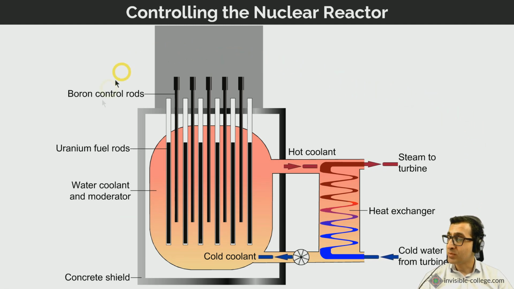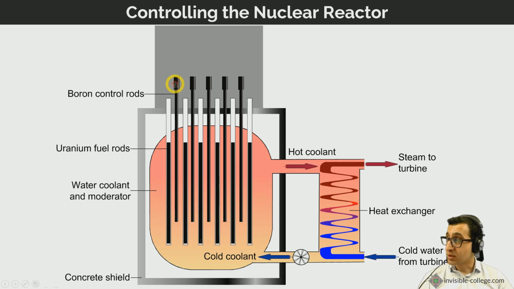So this is a zoomed in view of the reactor core. Here we can see the control rods made of boron. When the control rods are lowered, the neutrons being given off by the fission processes happening in these uranium fuel rods, many of those neutrons are being absorbed. This then slows down the rate of that chain reaction.